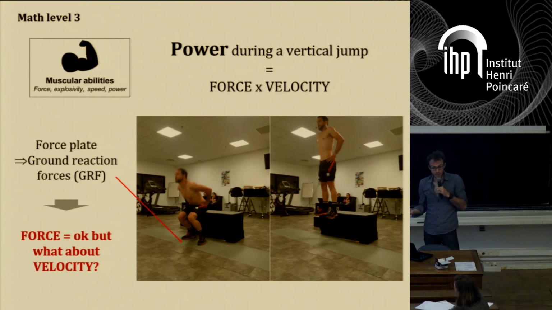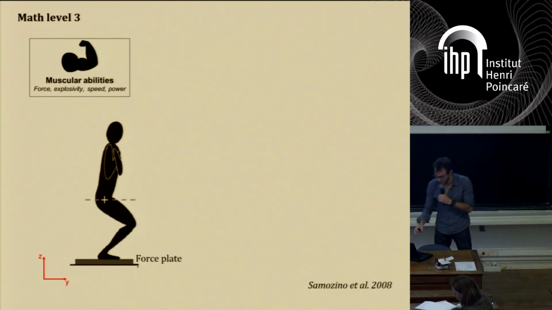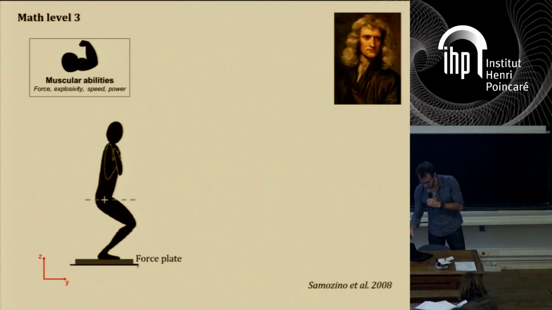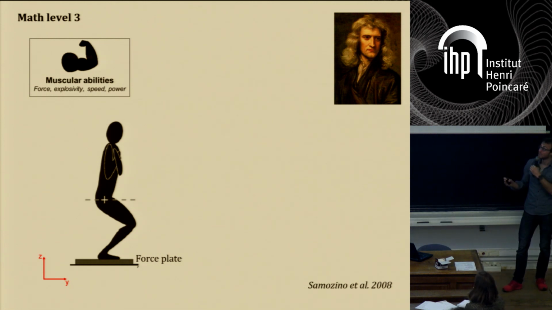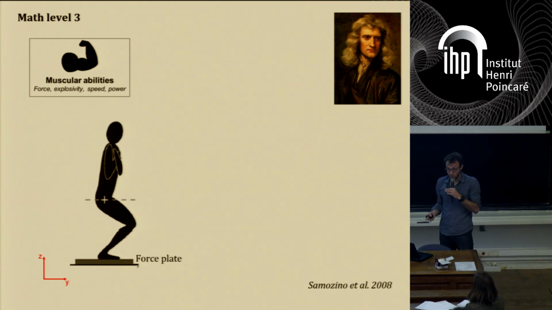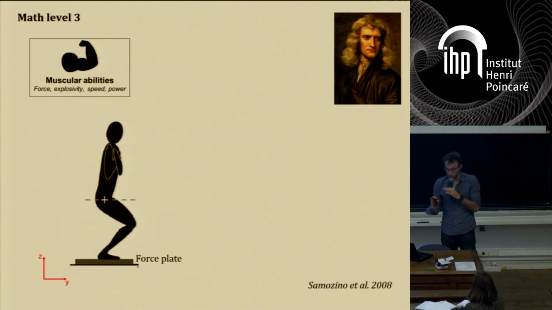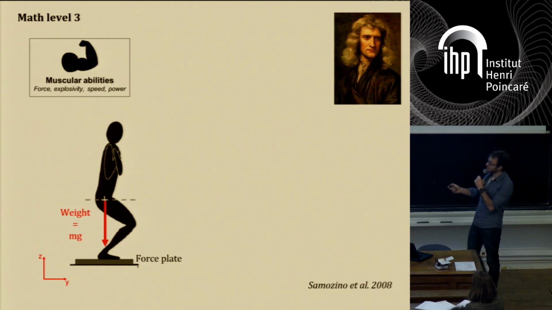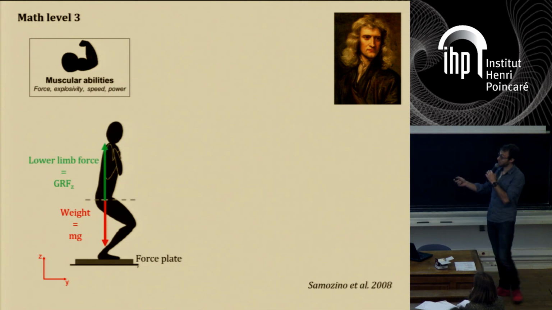So we had the first parameter of the power, that is the force. But how did we calculate the velocity? Here we remembered this good old Isaac Newton and his second law. If we look at the forces at play during a vertical jump, only in the vertical dimension, we have the weight that equals the mass times the gravity vector. We also have the lower limb force that is given by our force plate.